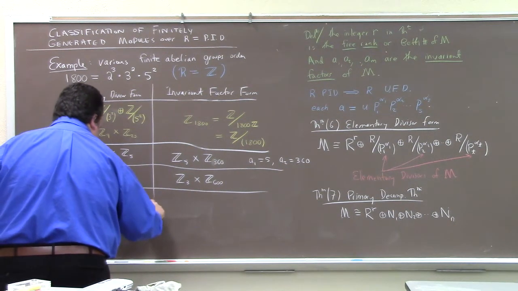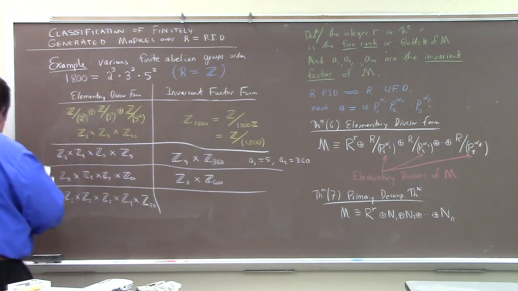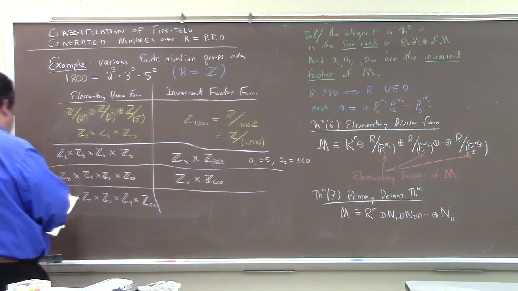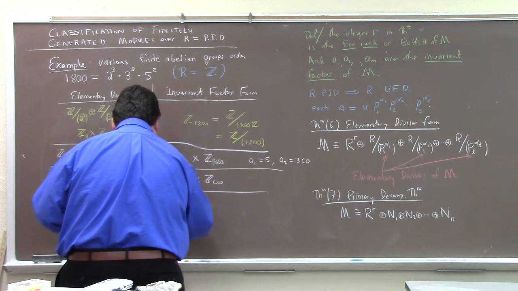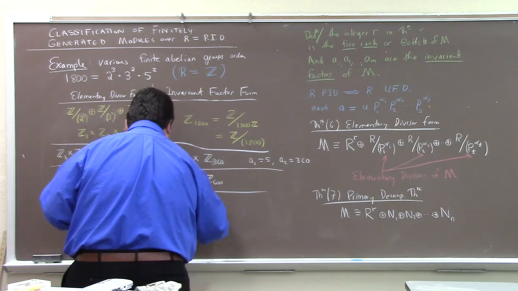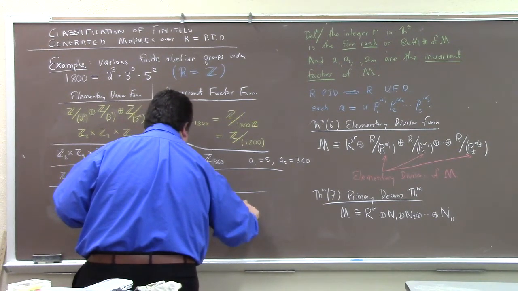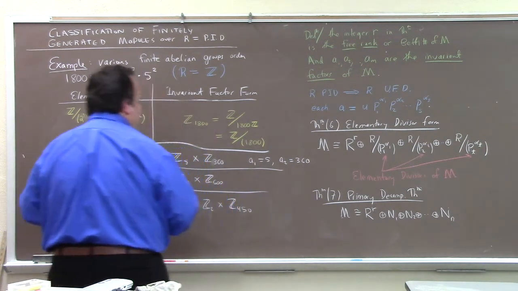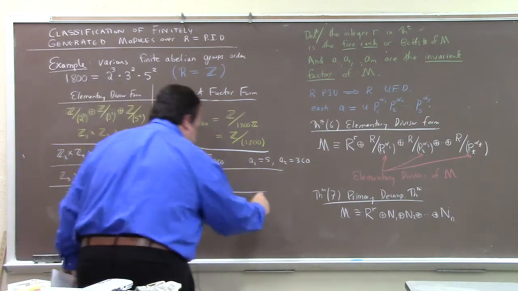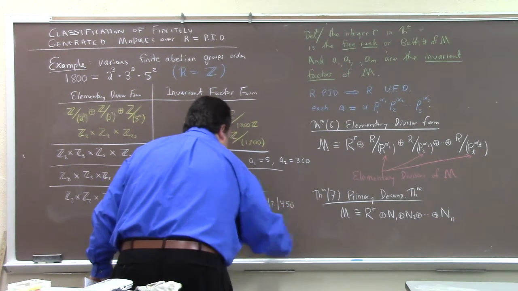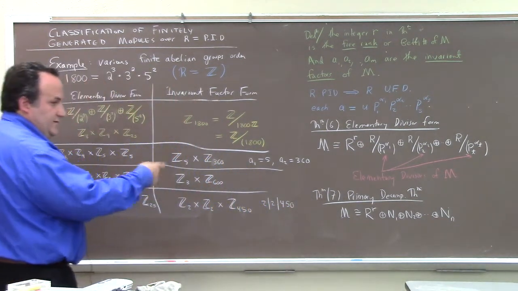Trying very hard not to miscopy a line. Let me make sure I'm on the right line. Where's my 2, 2, 2, 9, 25? That gives us Z2 cross Z2 cross Z450. That's the invariant factor form, where 2 divides 450. There's my A1, A2, and A3.